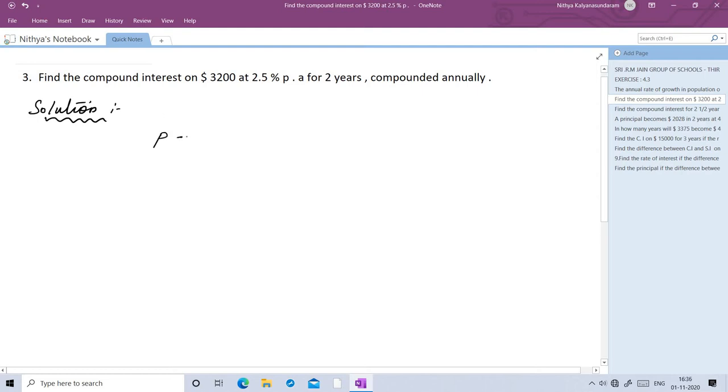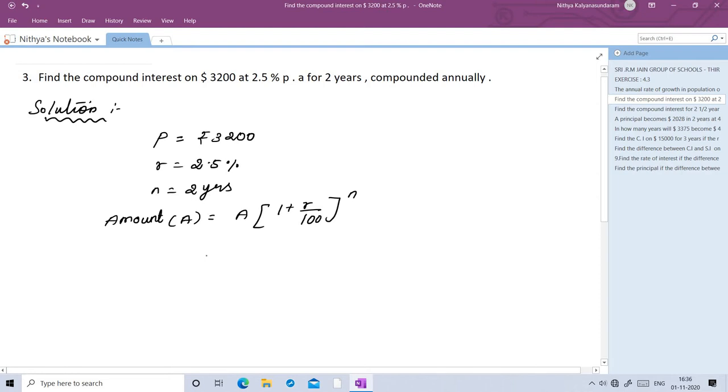So first calculate the amount: A into 1 plus R by 100 whole power N. That amount is 3,200, that is principal, 1 plus 2.5 divided by 100, N is 2 years.